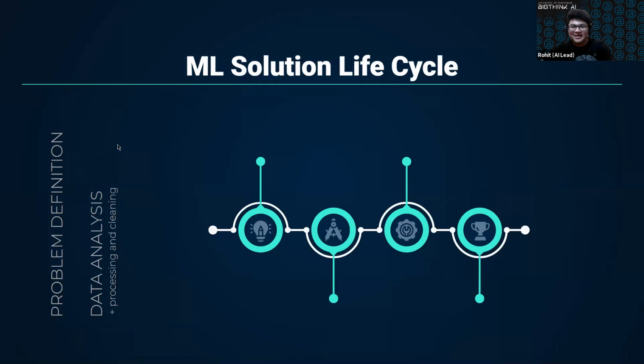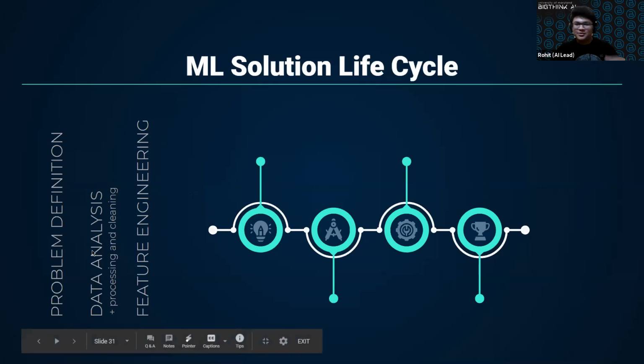All right, so you do the data analysis and you process it, you clean it, and then you do feature engineering. Sometimes these things overlap. Sometimes the next step informs the previous step and you have to go back and modify how you go about your data analysis so that your features are going to be better in the next stage. So you keep jumping back and forth over time.